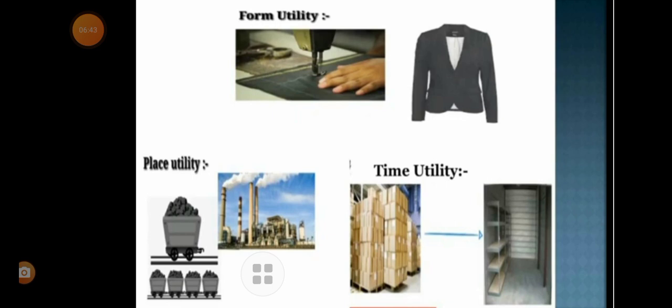Coal: when you change the place of coal from where it is collected and send it to the factory, its utility becomes high. Time utility: look at the stored products. During the time of shortage, when you release these stored goods, their utility becomes very high.